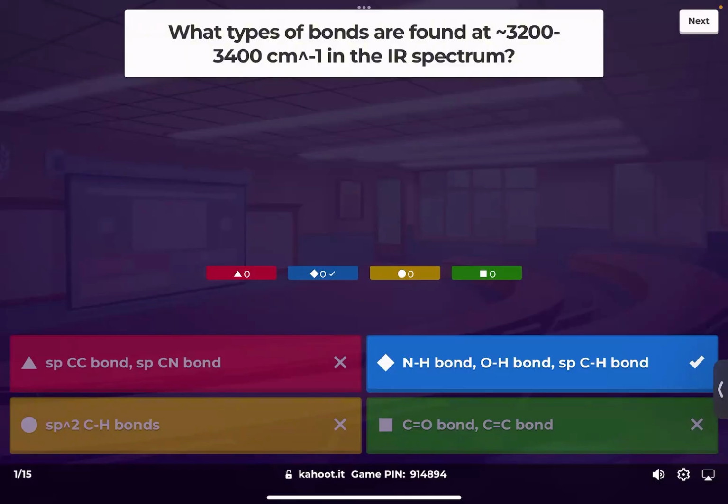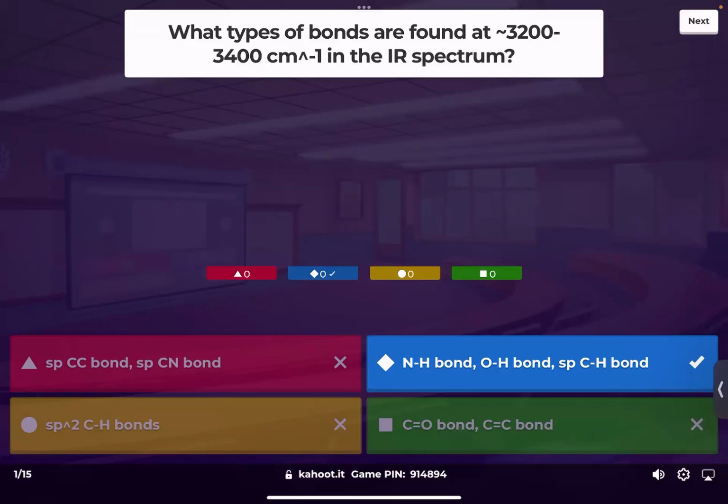The other answer choices are wrong because, where would green be? Where would the carbonyl and alkene bond be? 1,500. That's from 1700 to 1500. More specifically, carbonyl would be 1700, alkene would be 1600. What about the red? Where would you expect the red one to be?